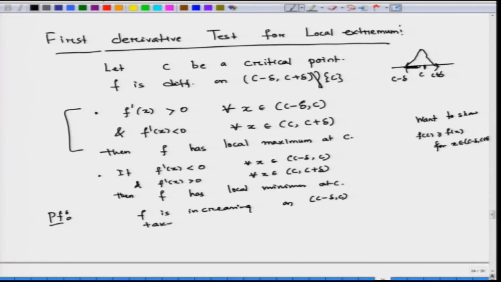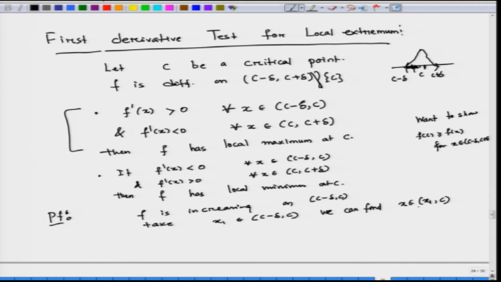Now, you take an x 1 belongs to C minus delta to C. Wherever you take your x 1, you will always find an x belonging to x 1 and C. In fact, there will be an interval lying between x 1 and C, the entire interval.